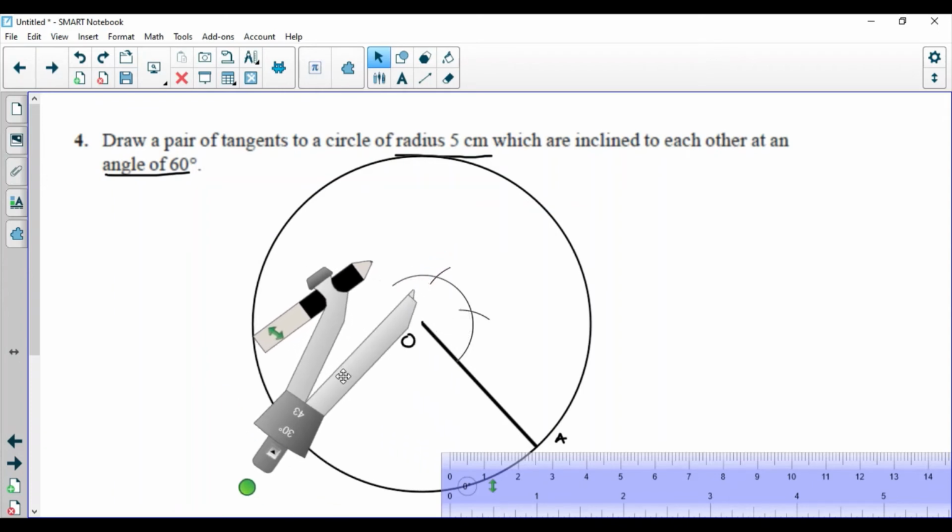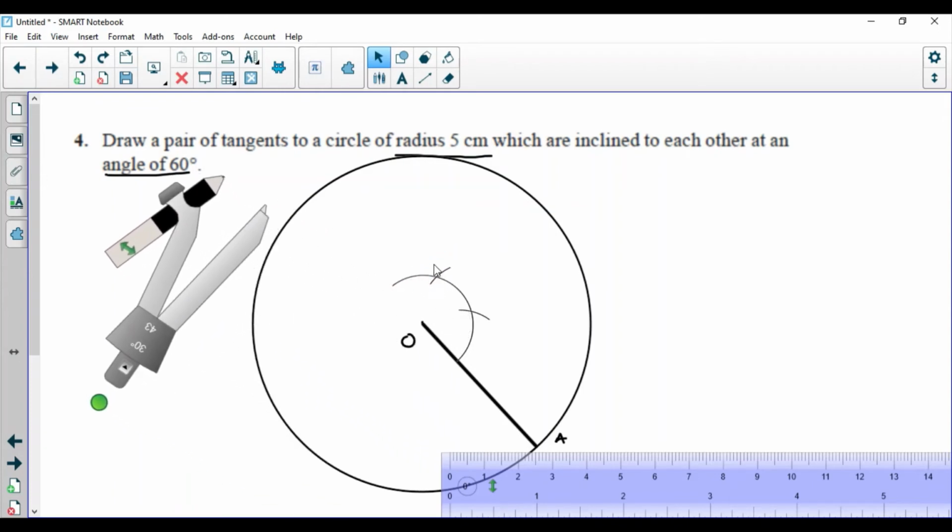This angle will be 120, isn't it? We will join O and this point, the point which we are getting at the center. This point will be B. So OA and OB are two radius we got, and this angle is 120 degree.